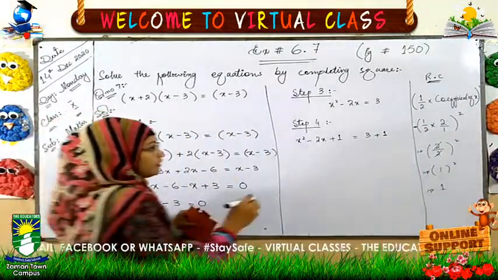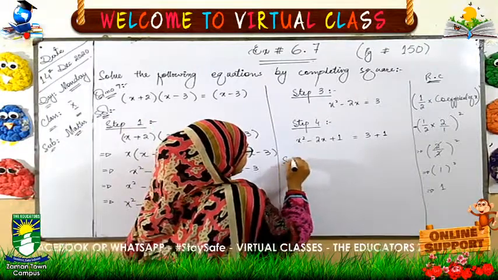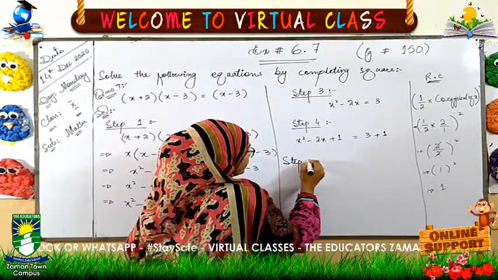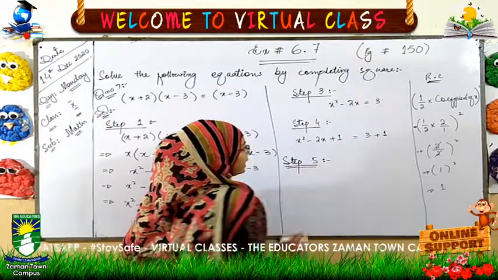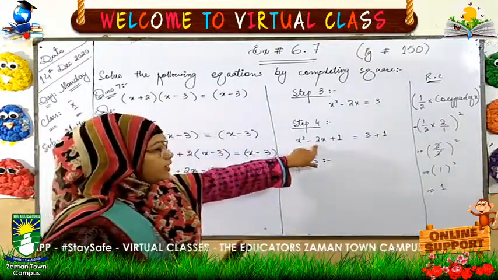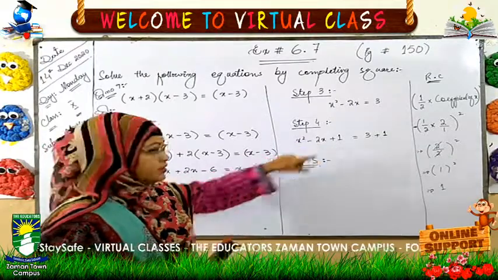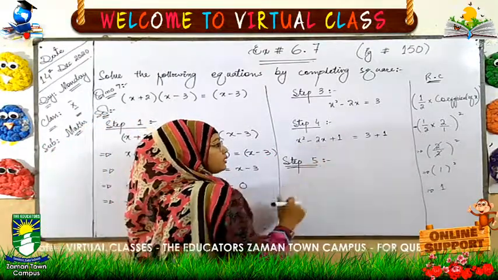Okay. Now what we have to do? Step number 5, in which we have to write down this side as a perfect square and we have to simplify the other side.